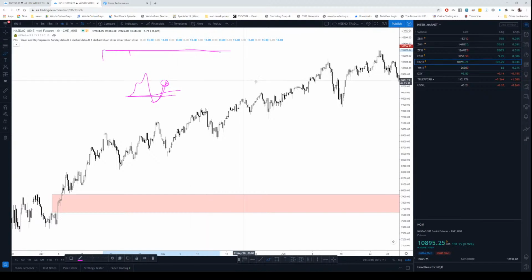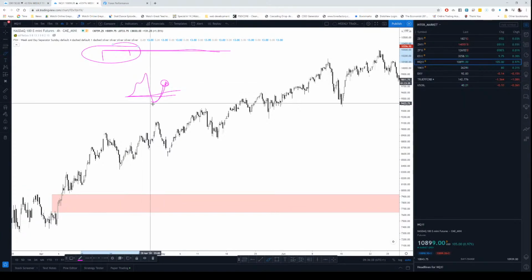You can go through your chart and you will see lots and lots of examples of this. Anytime you see an equal high, price has run a low and rejected.